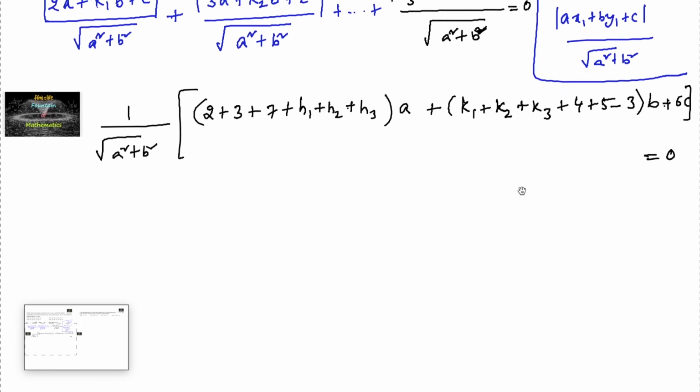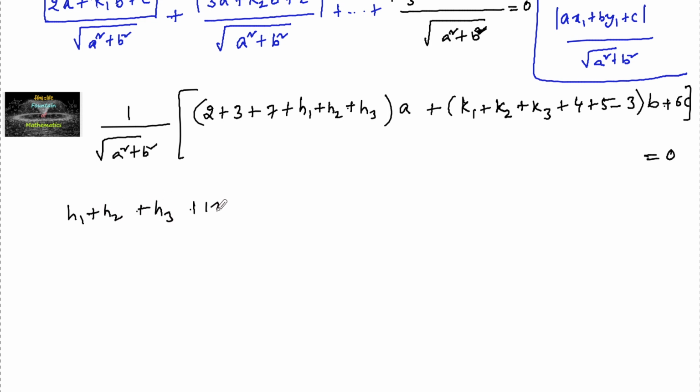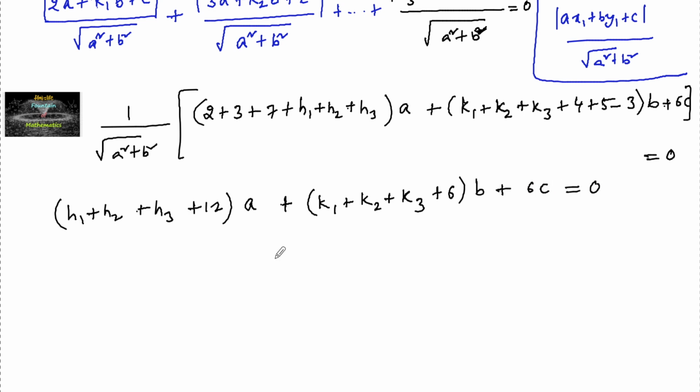So we can write this as (2 plus 3 is 5, plus 7 is 12, plus h1 plus h2 plus h3) plus 12 times a, plus (k1 plus k2 plus k3 plus 9 minus 3, which is 6) times b, plus 6c is equal to 0.